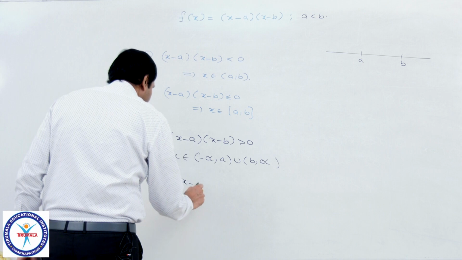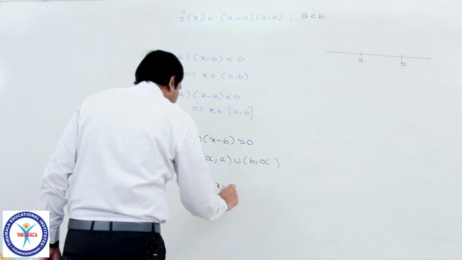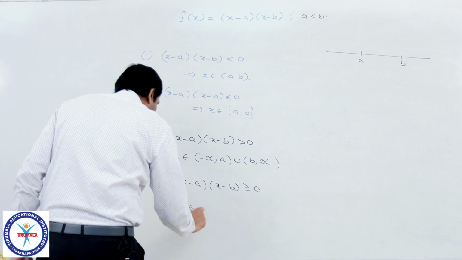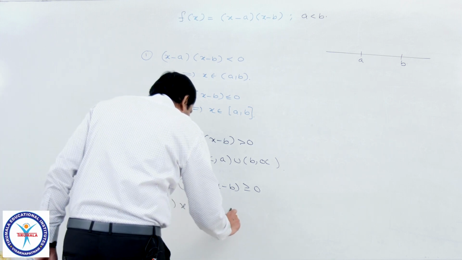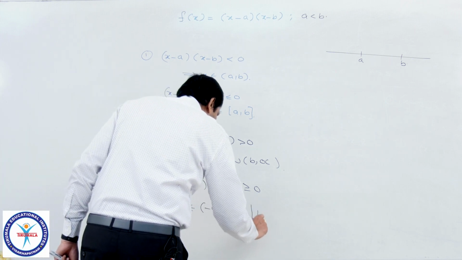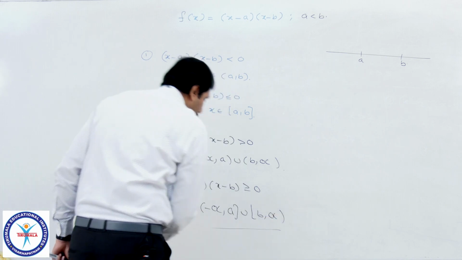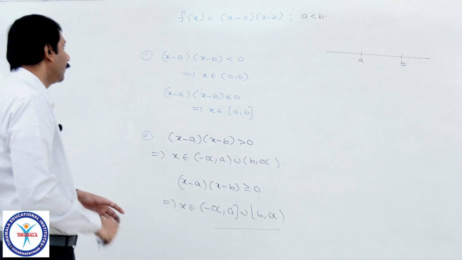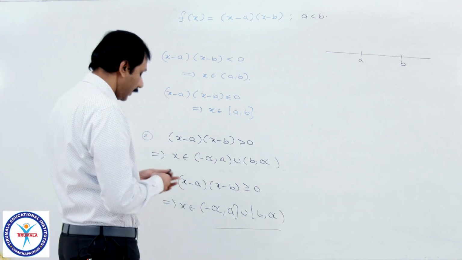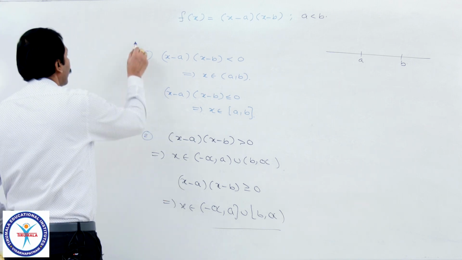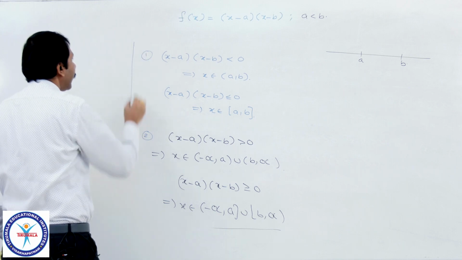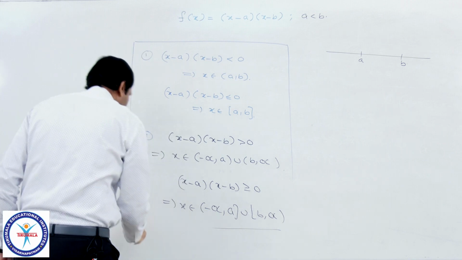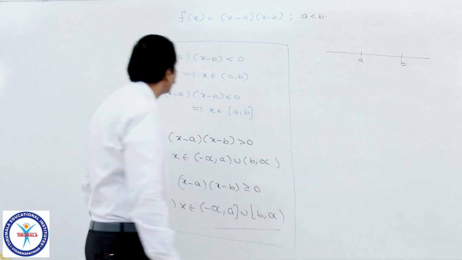And if I take (x minus a) into (x minus b) greater than or equal to 0, it implies x belongs to (minus infinity, a] union [b, infinity). Therefore, this is the solution set for this inequality. Before going to the wavy curve method, this is a basic point you must remember.